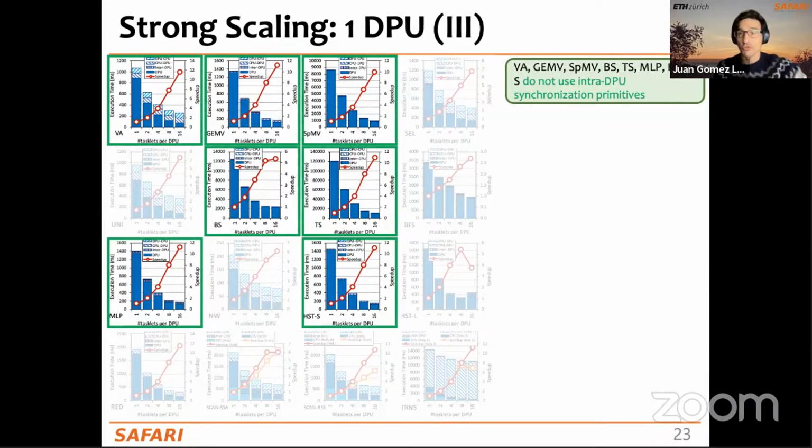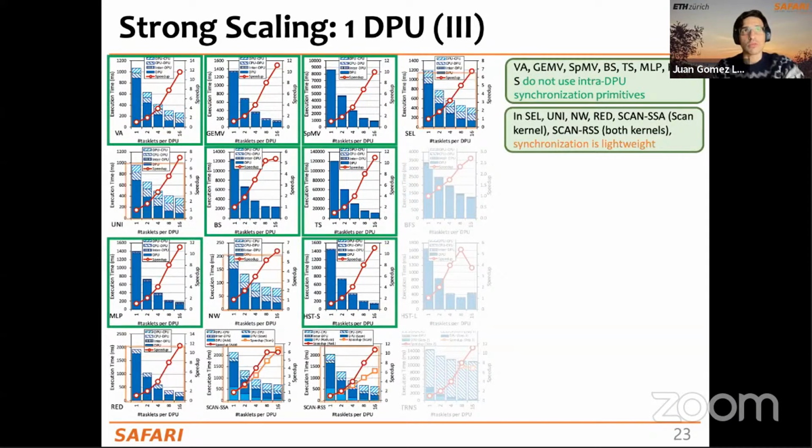We don't have a barrier, for example, where the first tasklet that arrives has to wait until all tasklets arrive at that point before continuing the execution. So this definitely favors scaling, and in these benchmarks where we don't see any sort of intra-DPU synchronization is where we can see the best scaling inside the same DPU when we increase the number of tasklets.